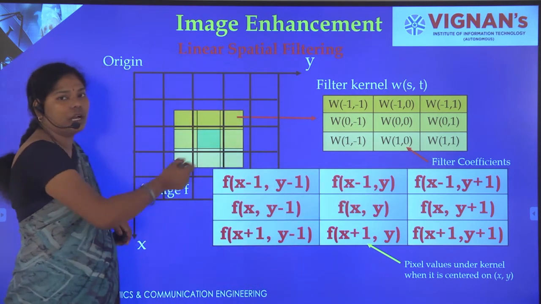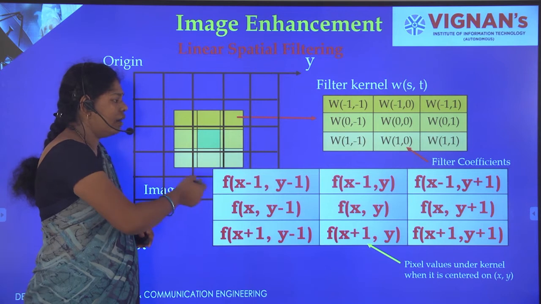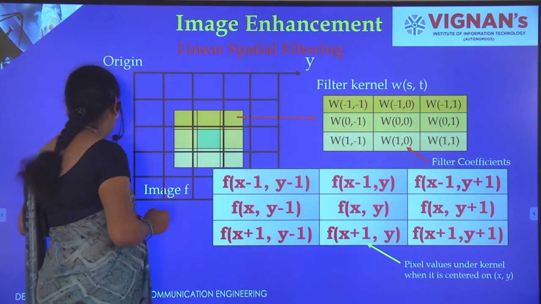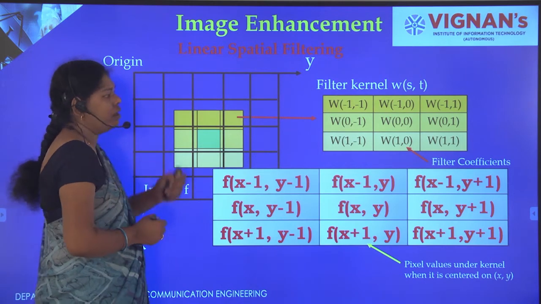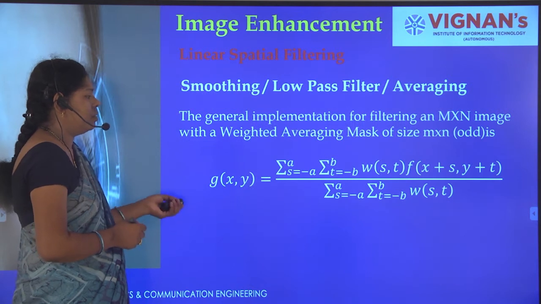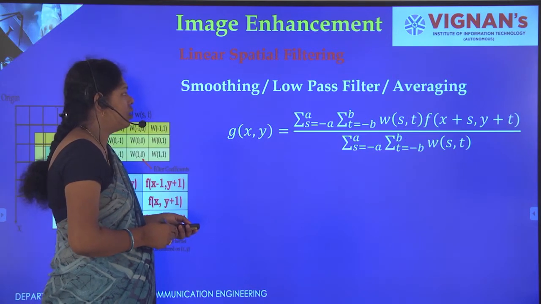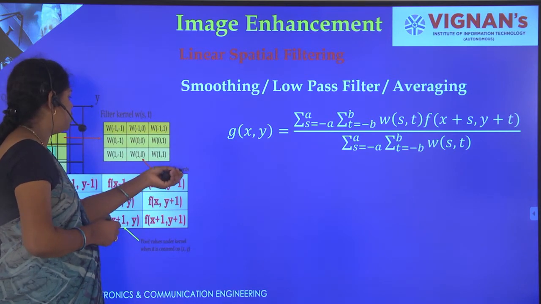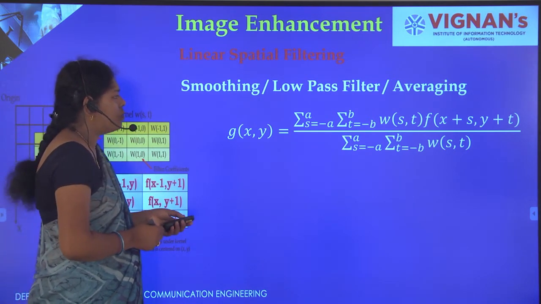With this we multiply each pixel value, and we replace the center position with the new value, that is g of x y. This is the process of how we use the smoothing low pass filter.